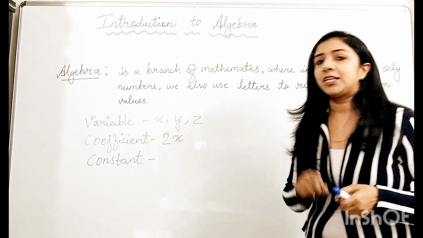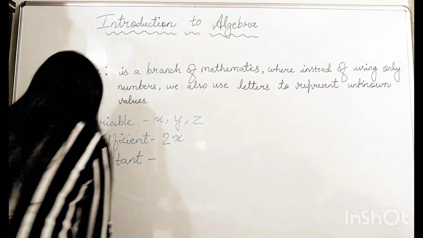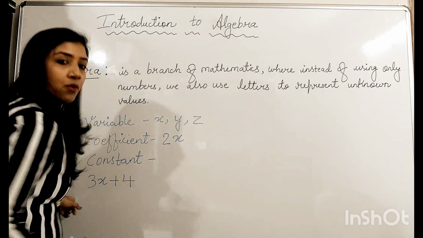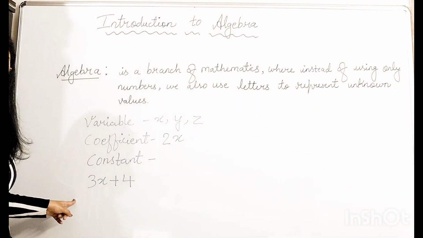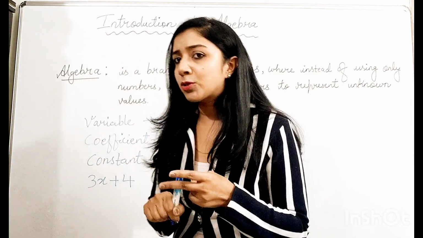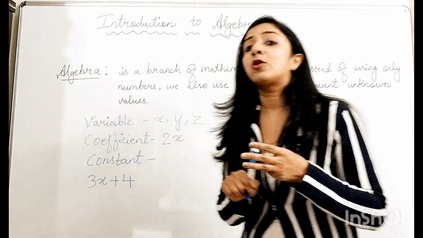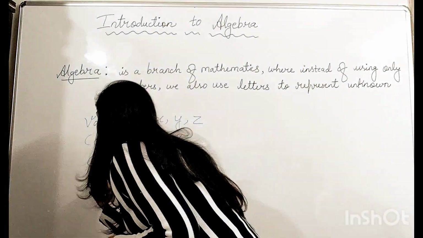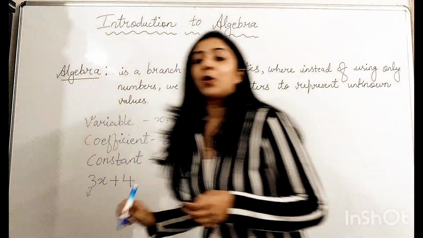Okay, now let me write one expression. If I write 3x plus 4, will you be able to identify what is variable, what is coefficient and what is constant? So here 3 is our coefficient.